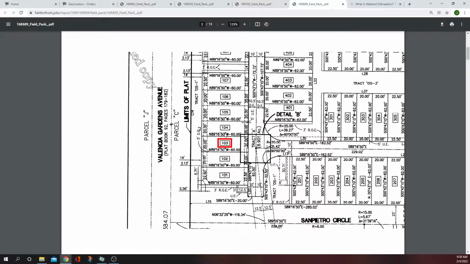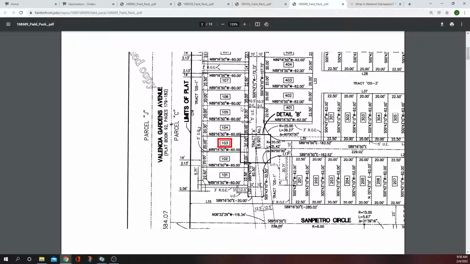Because if I were to just find, say two front corners and then two more to the north, what does that really prove? That doesn't tell me that I'm on lot 103 because I'm not measuring from any change in the plat. I could be on lot 104 and give you two front corners and it be the exact same as the measurements from lot 103 and two front corners, because there's no change there.